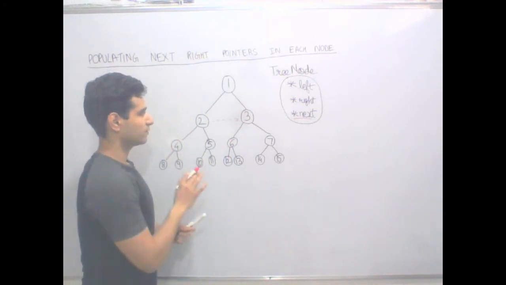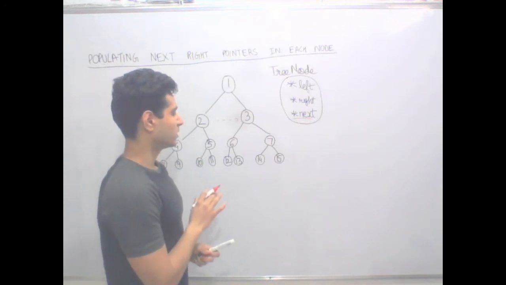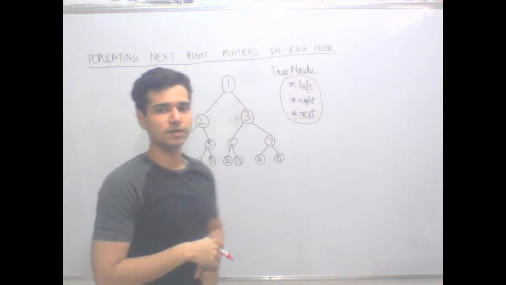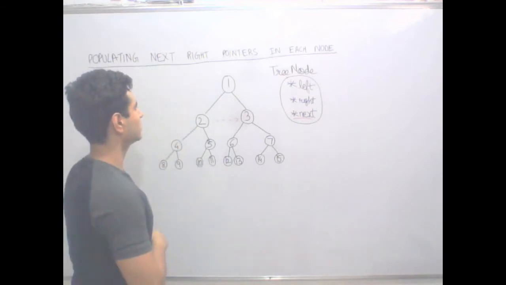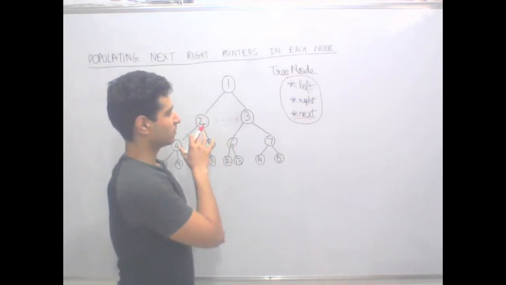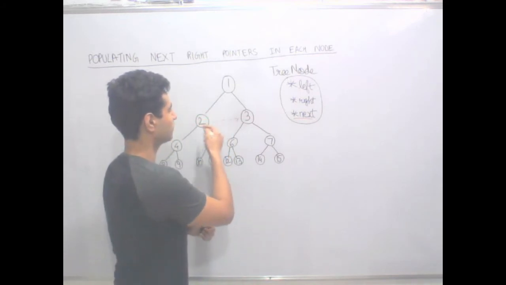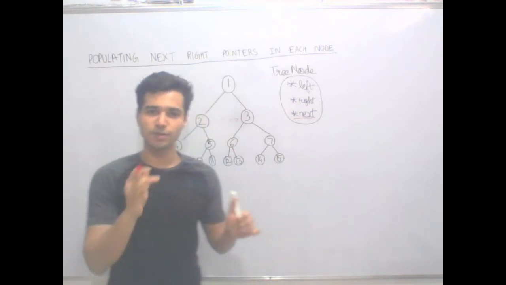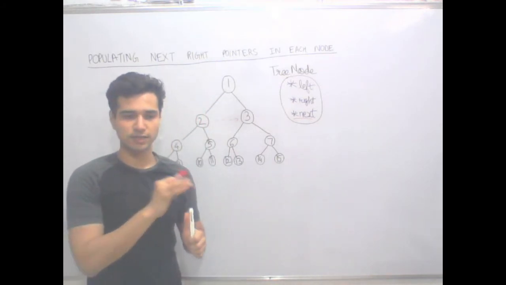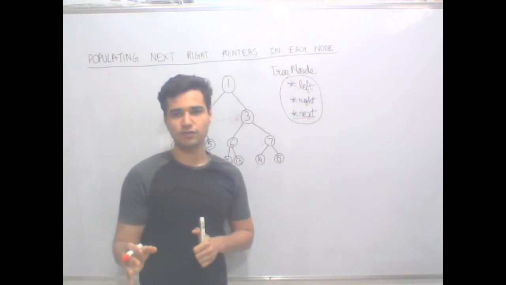So now that we have defined the problem, we understand it. The next thing is: how would we actually do it? The brute force solution is that we will use a queue and do level order traversal. For each level, we will have all the nodes at that level, and we will pop from the queue and assign the next pointer of that popped element to the front of the queue.